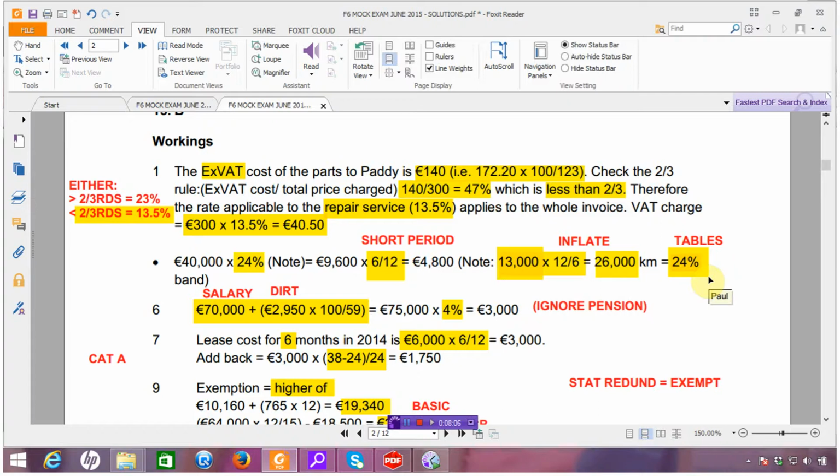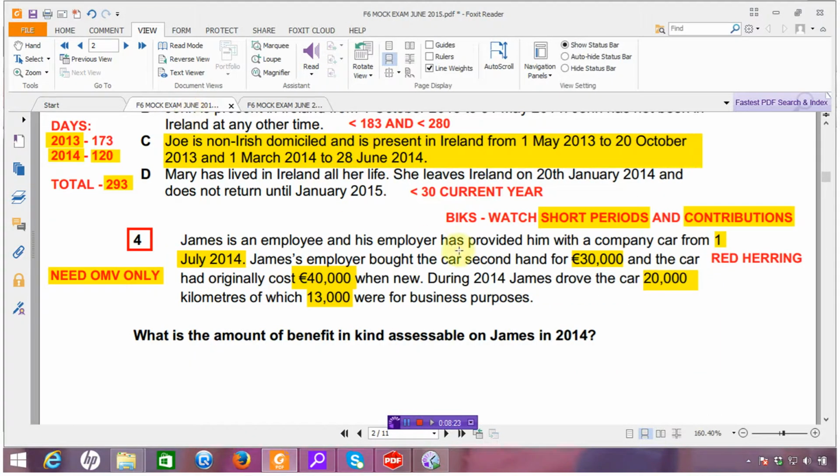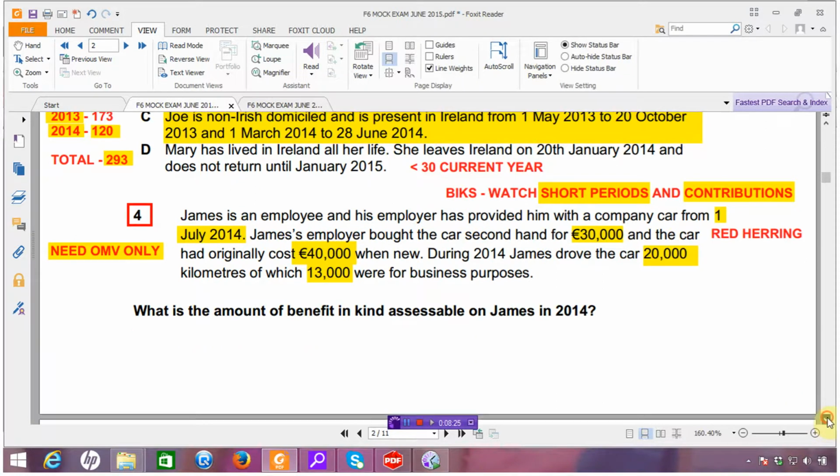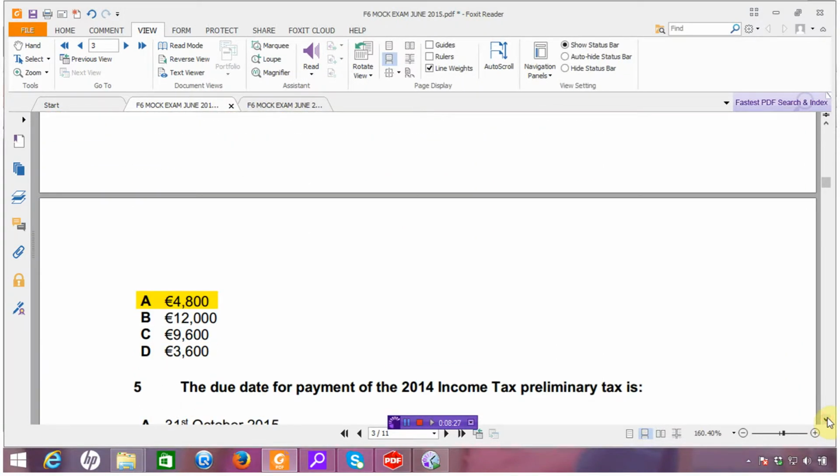So what do we then do? We apply that percentage to the OMV. We get a figure for a full year, and we've got to cut that down by 6/12, given that the BIK was only relevant for 6/12 of the year. Okay, so that's a good little BIK question that covers quite a few of the things you would expect, and the answer for that is A.